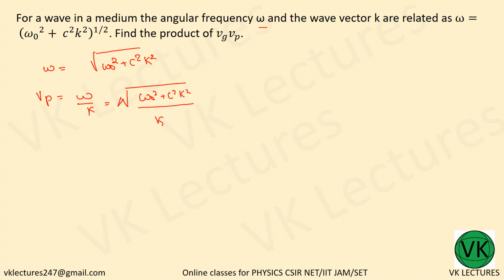That is the first part. Now Vg is equal to d omega by dk. We can write it as 1 divided by 2 root of omega naught square plus c square k square, then its derivative should come.